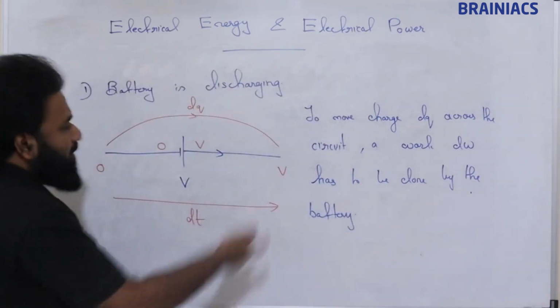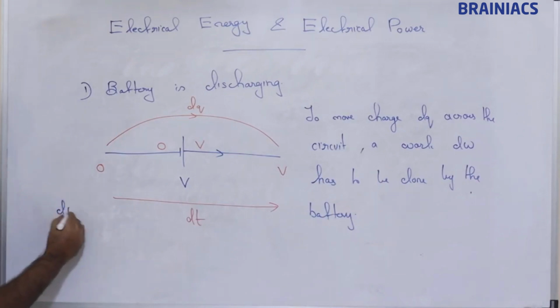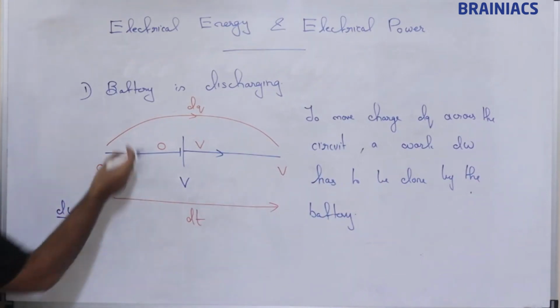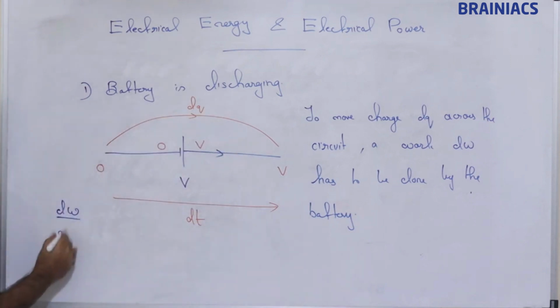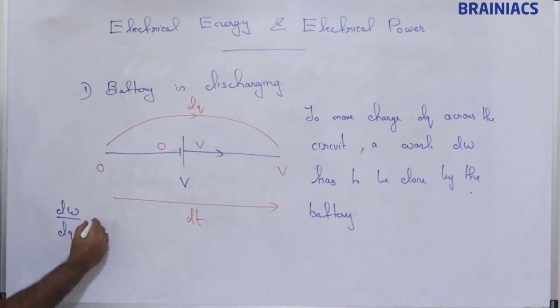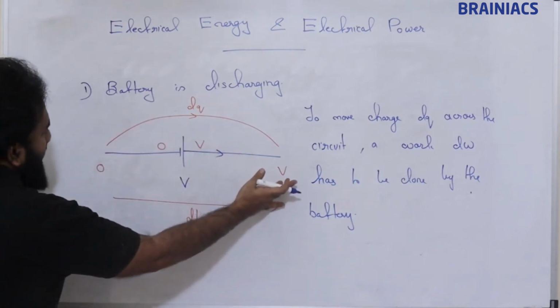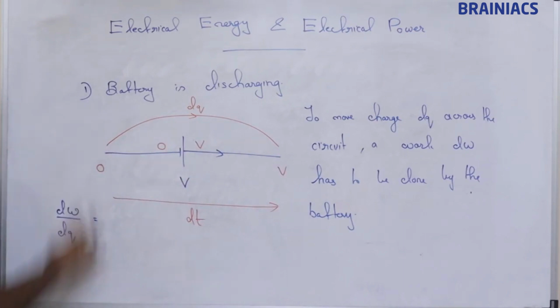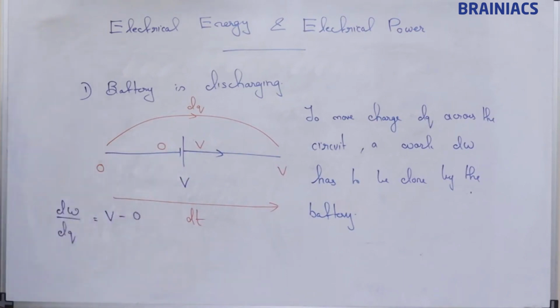So same concept we are doing here. The work done in order to bring a small charge, a small work done. So dW by dQ is nothing but the potential at the final point minus potential at the initial point. So V minus 0 I can write.